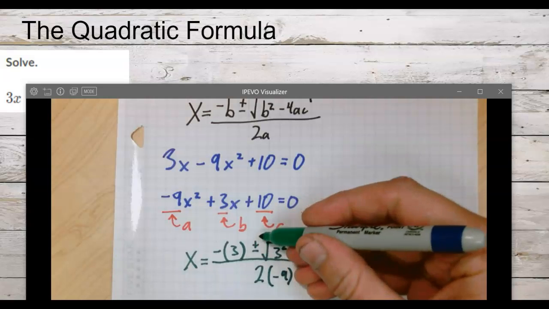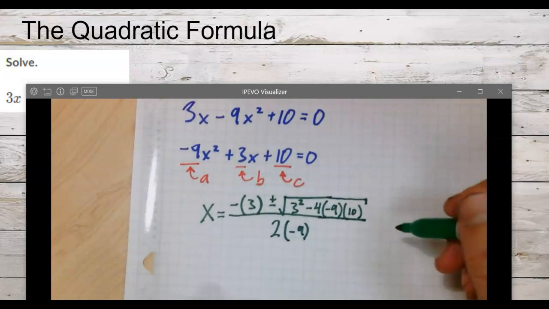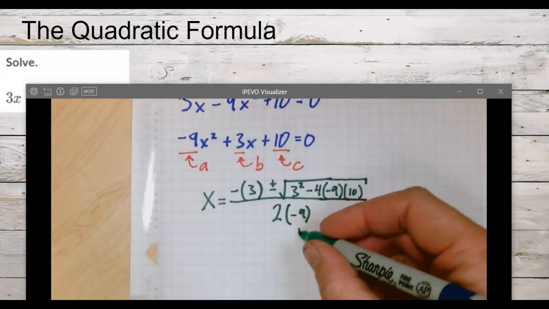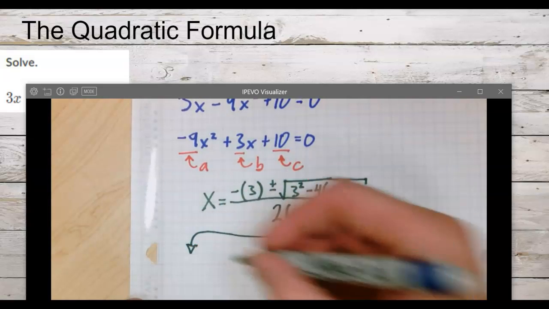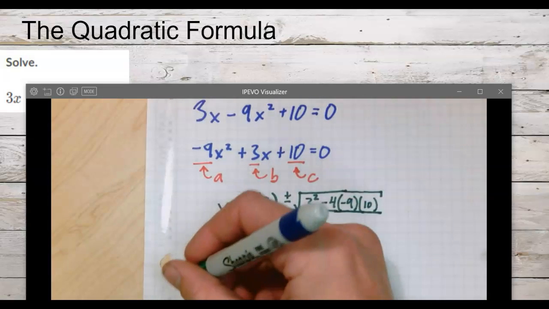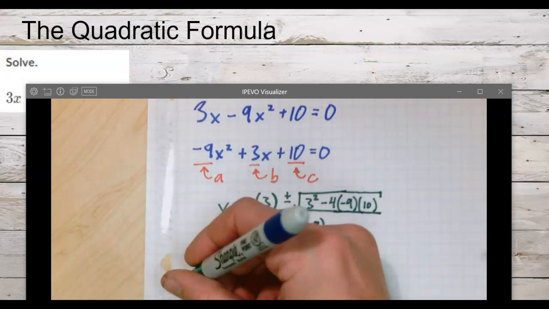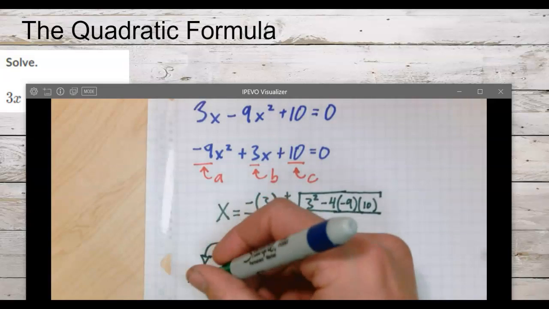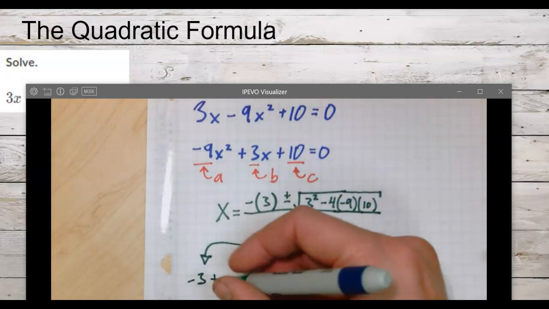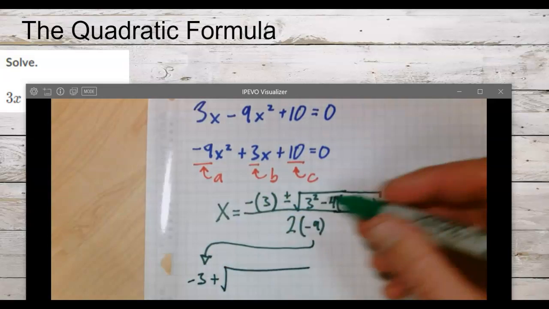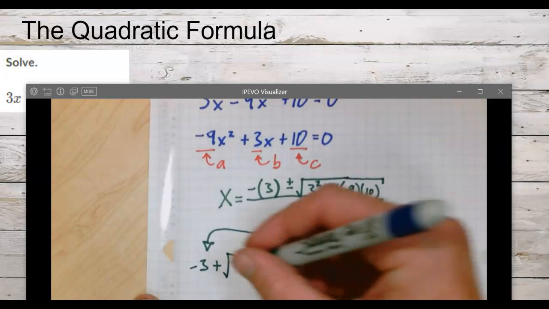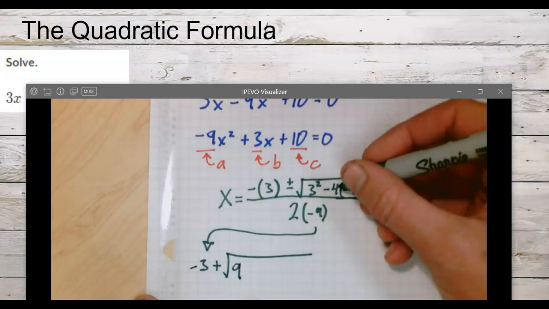This plus or minus splits us into two options. So I'm going to actually start to color code now. I'm going to do a green option and a red option. Green's going to be my plus option. So we know this is x equals, so I'm just going to start writing. We have negative 3 plus, remember this is my plus option, square root of, I'm going to start to simplify things. 3 squared is 9.